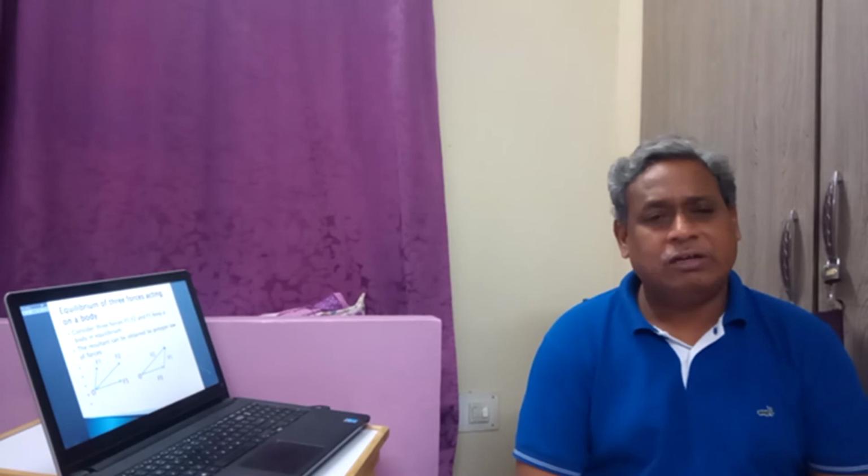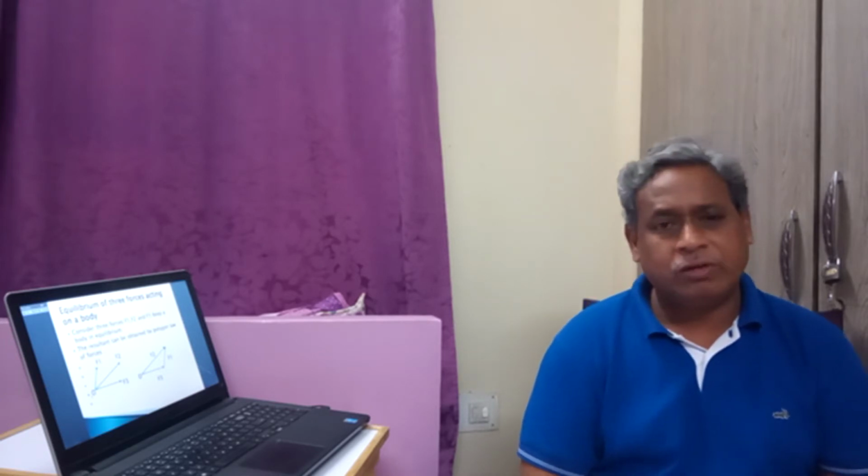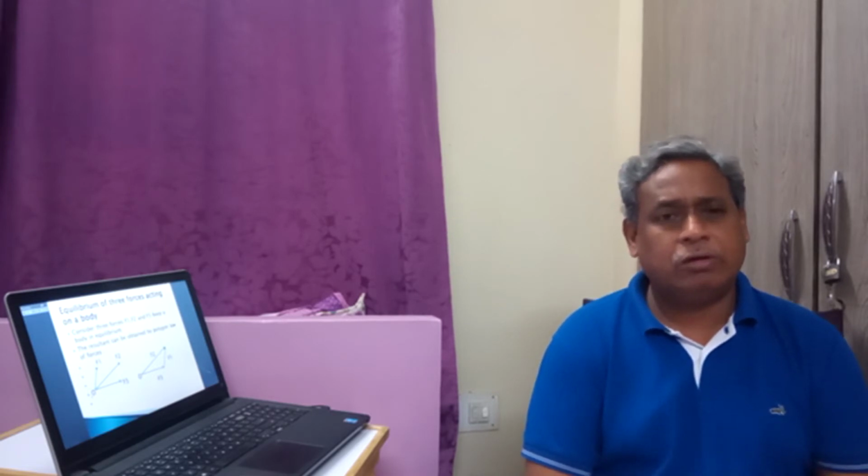Let us consider the equilibrium of three forces acting on a body. Let us suppose that this body is acted upon at O by three forces F1, F2 and F3. We know how to find the resultant of three forces; we can obtain it by the polygon law of forces.